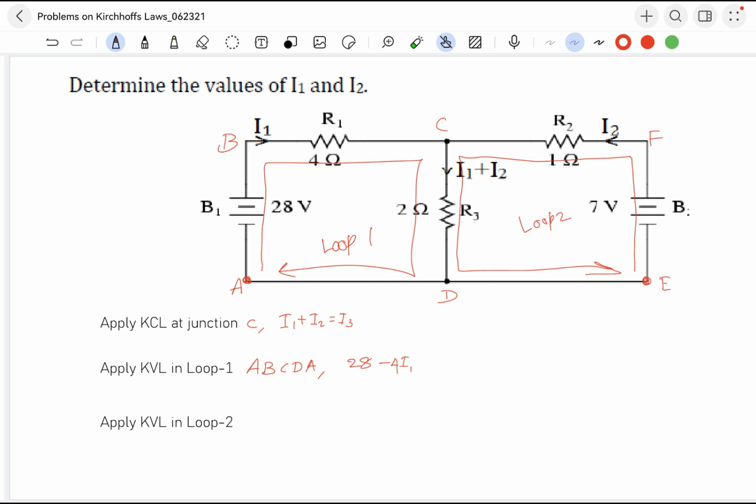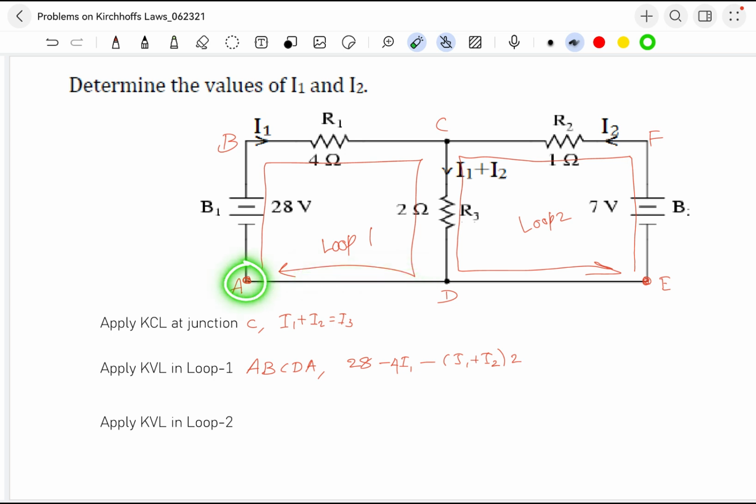Come back, C to D. Now we are going in the same direction in this branch. Same direction means again voltage drop. V equals IR, so I1 plus I2, the resistance is 2 ohms. D to A, nothing is there, nothing to write.